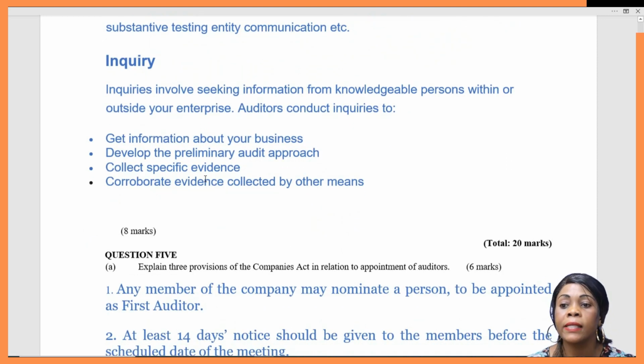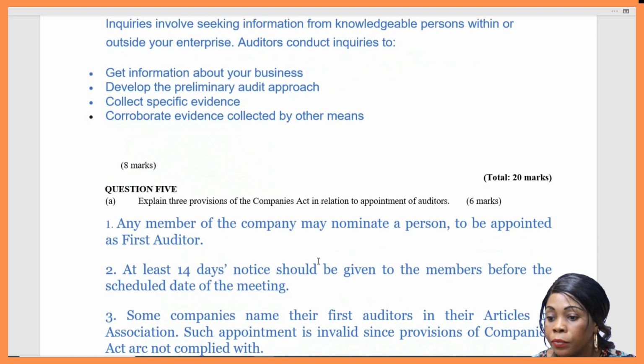Inquiry is seeking information from knowledgeable persons within or outside the enterprise. Auditors can conduct inquiries when they want to get information about your business, collect some specific evidence, or corroborate evidence collected by other means. Okay, I'm through with question number 4.